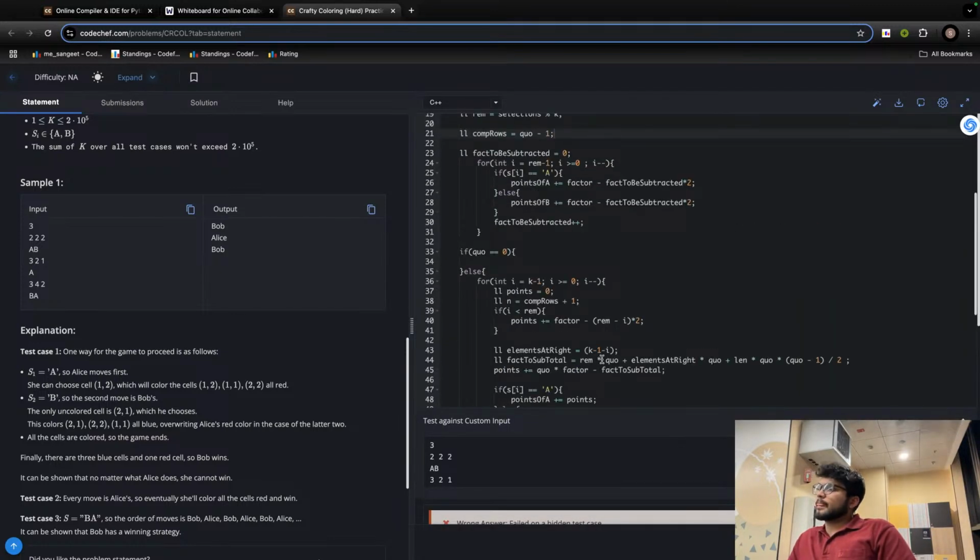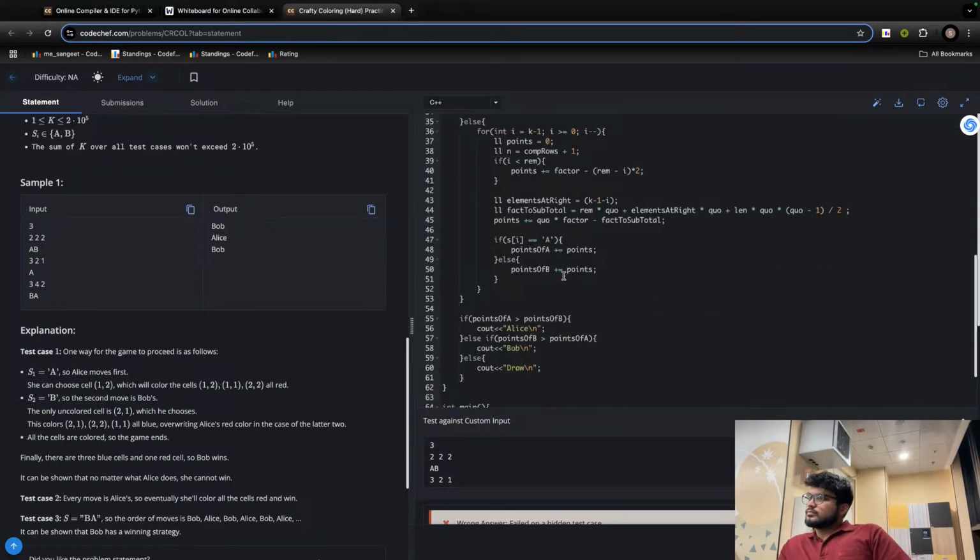Now, okay, we got the points of A and B. So if the quotient is 0, or if it is not 0, n is nowhere used.